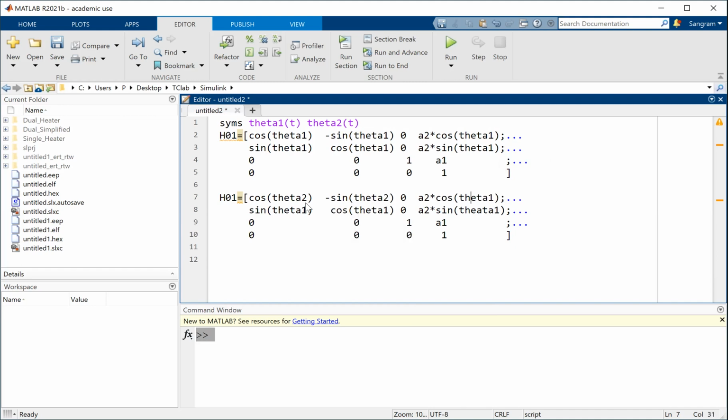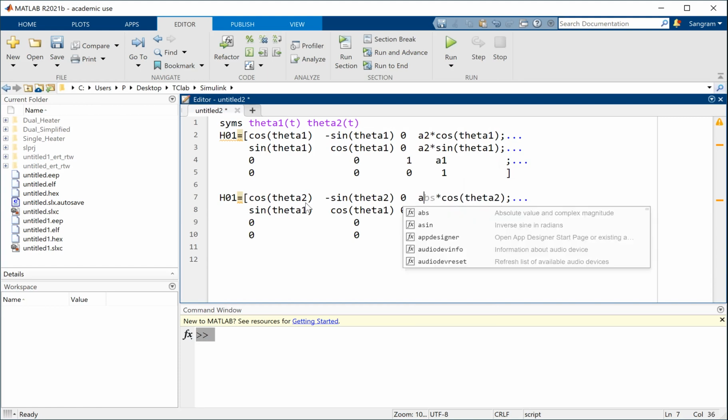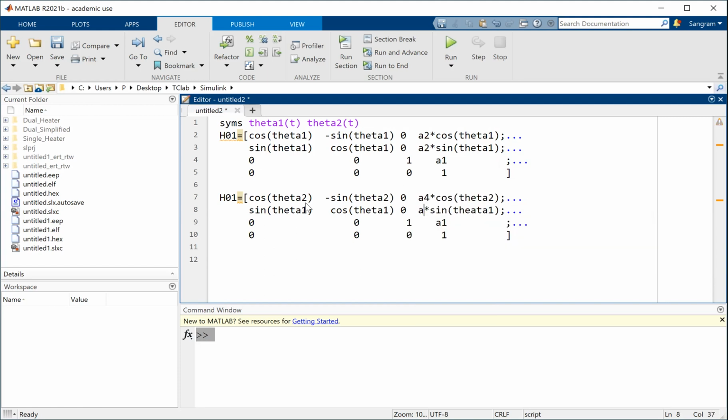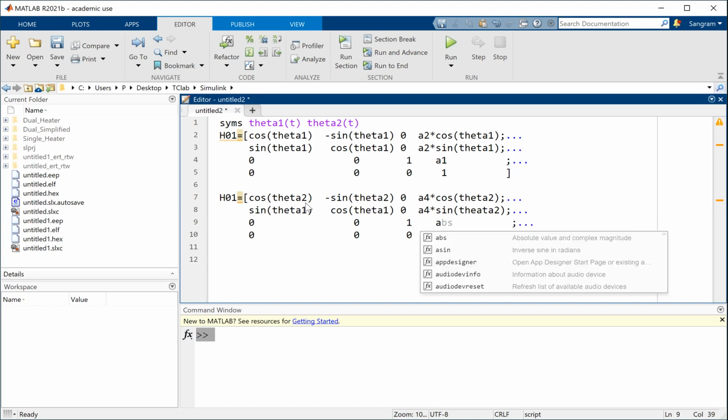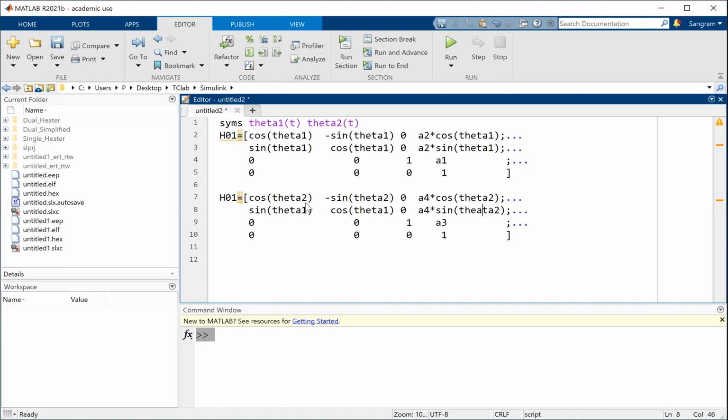Yes, of course, A4, theta 2. Yes, understood. Man, you guys love finding mistakes, don't you?